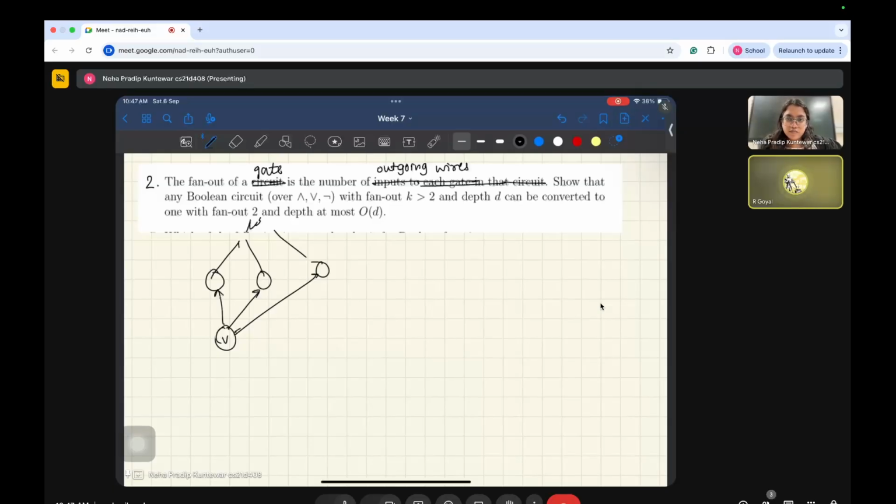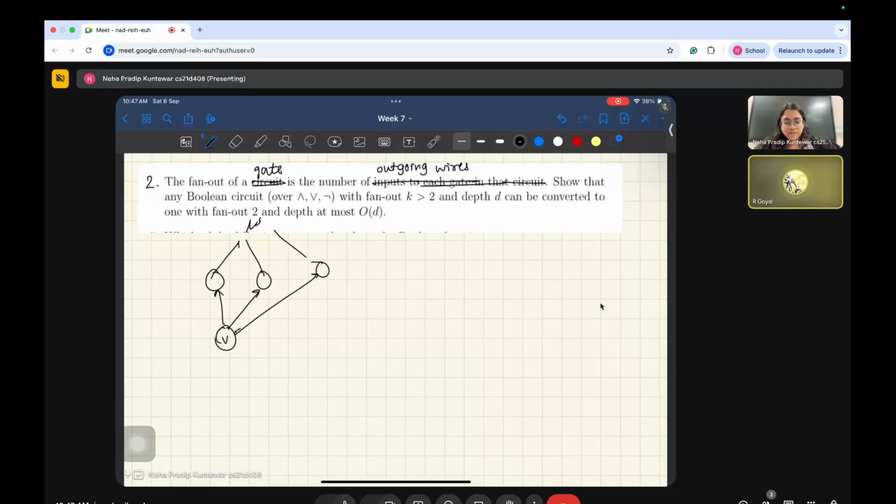Okay. So now in this case we have to think that something which is output for a gate will become input for the other gate. If that is the case, then the previous argument will still hold true for most of the gates except a few ones.